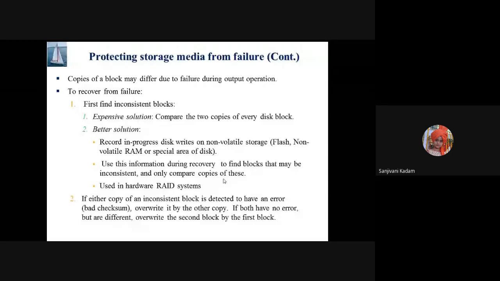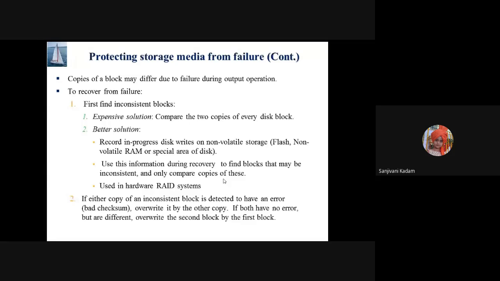A may have one block; compare that block with the consistent copy on the other side and check whether the changes are done. If so, this can be a consistent state. So this is another solution, used in hardware RAID systems, and this can be a way to recover from the failure.